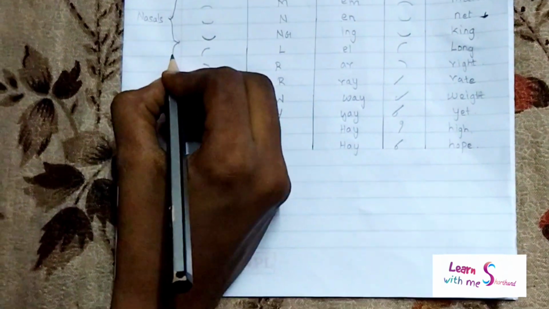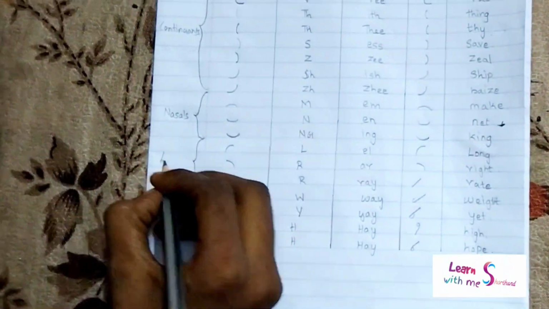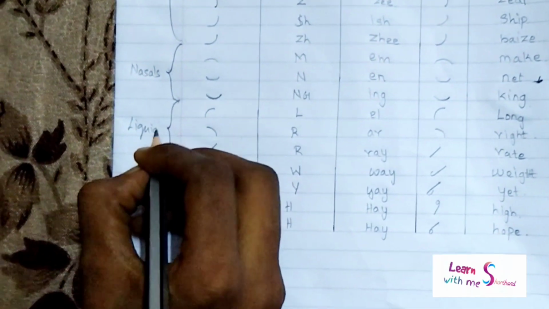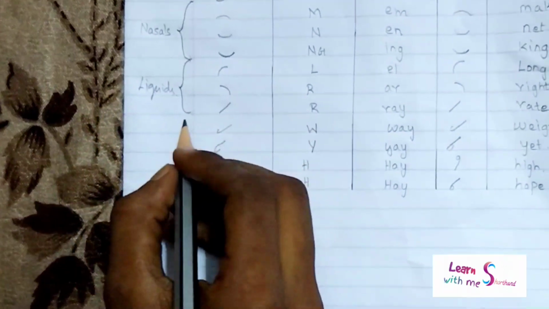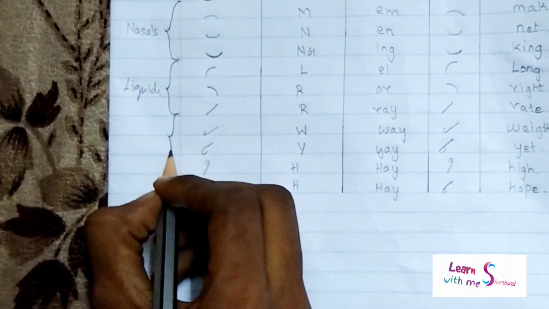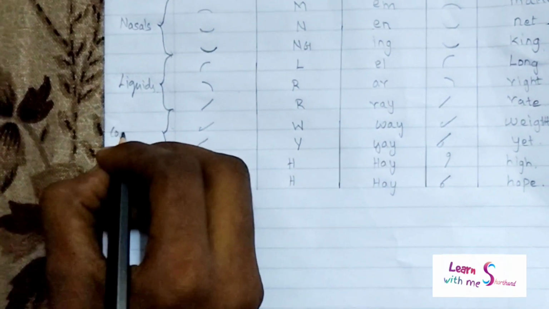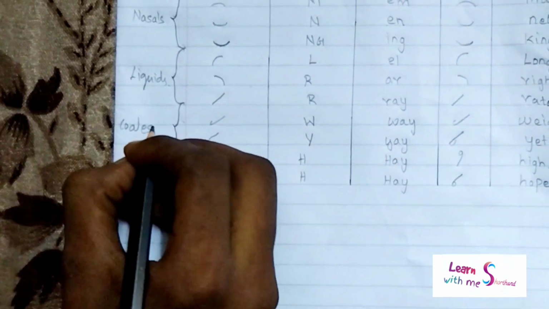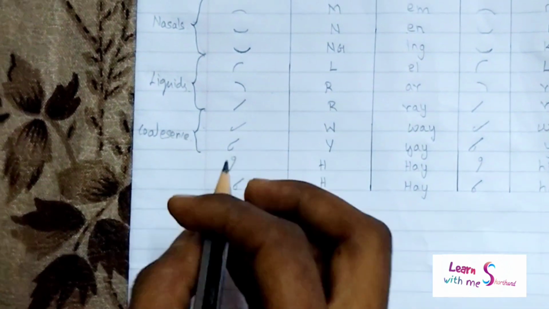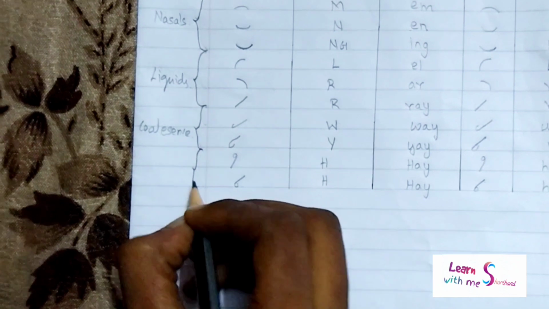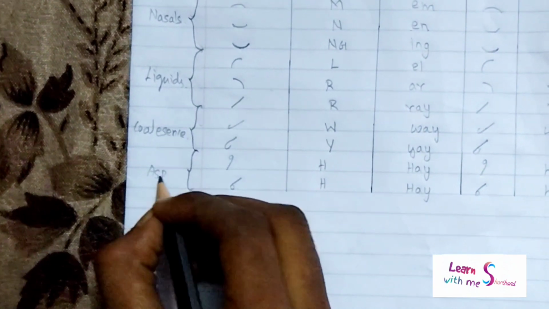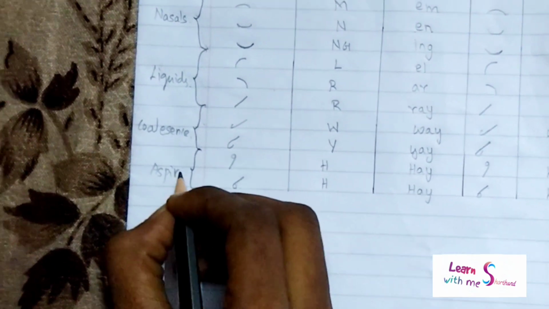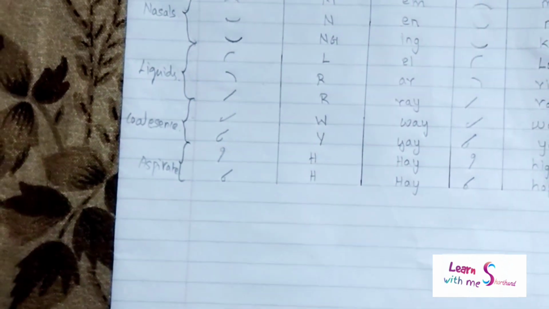L and R are classified as liquids. W and Y are classified as coalescents. And both the H are classified as aspirate. These are the classification of consonants.